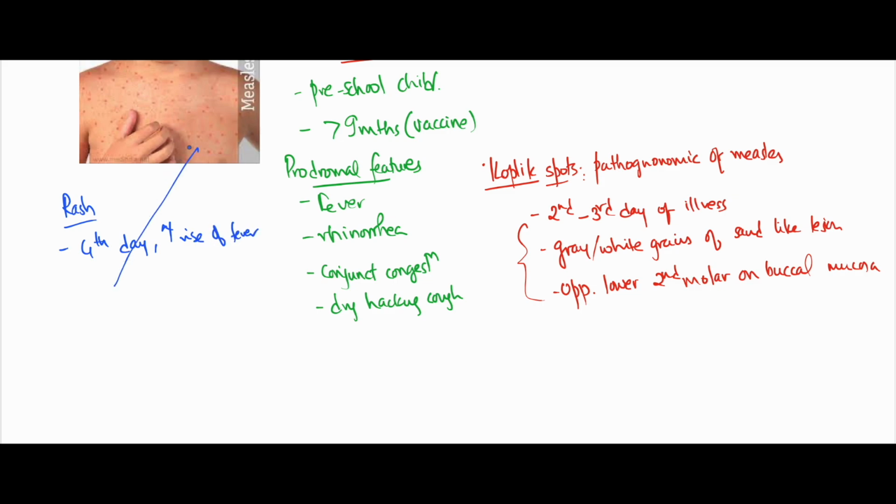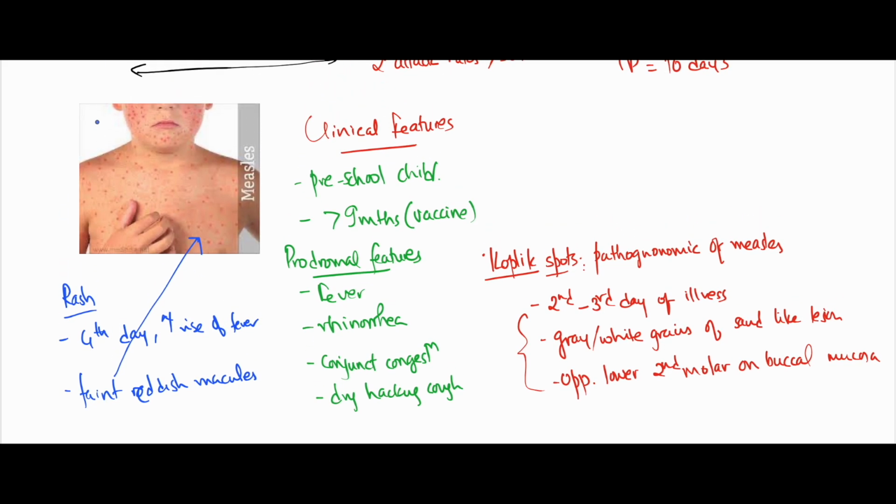It appears as faint reddish macules, firstly behind the ears, along the hairline, and from there to the posterior aspect of the cheek, as well as the cheek.